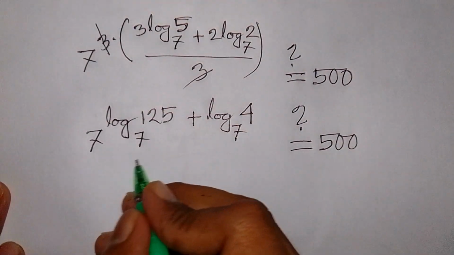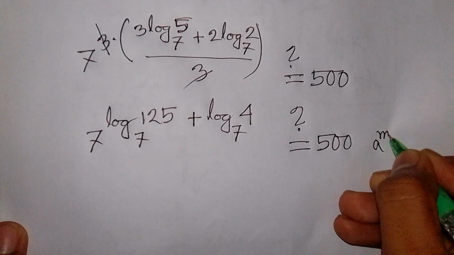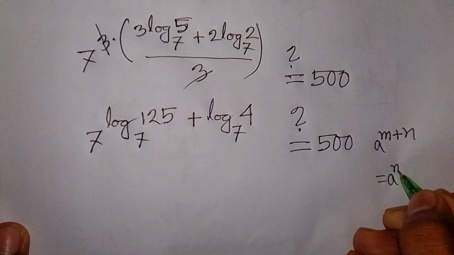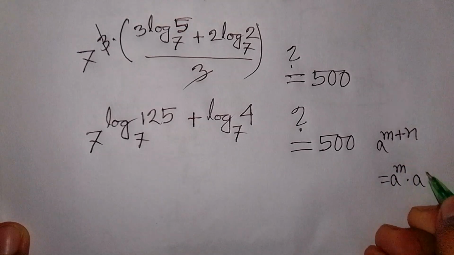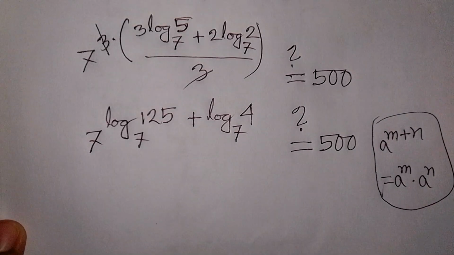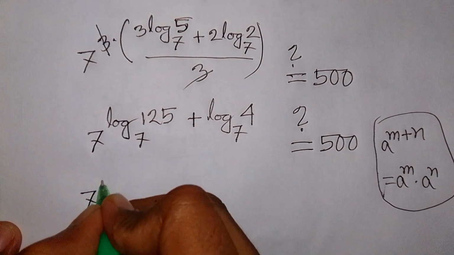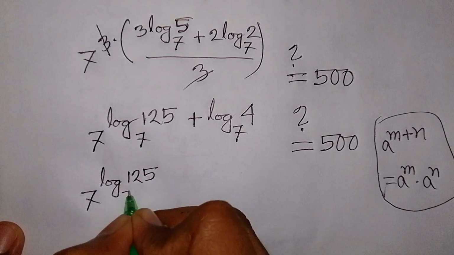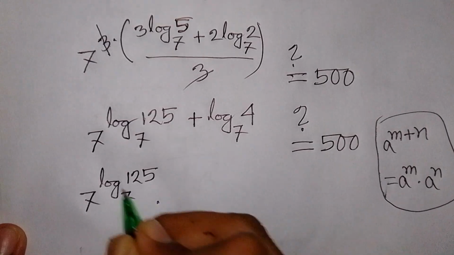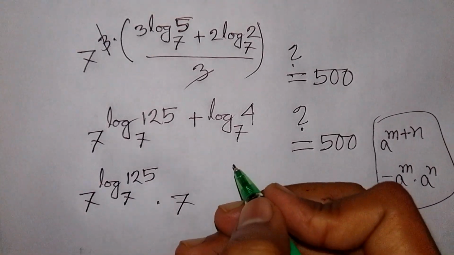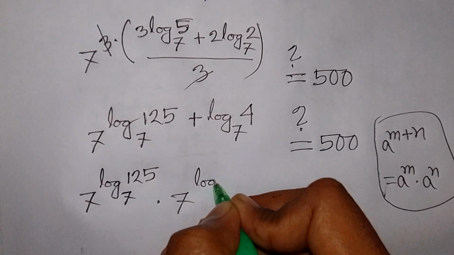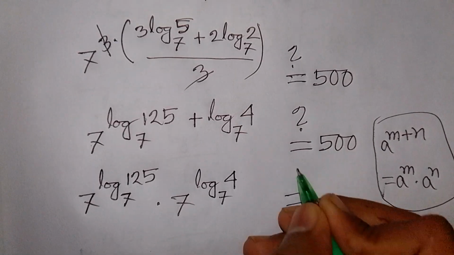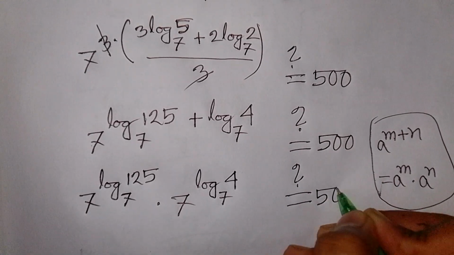Now here we apply the exponential rule that a^(m+n) is equal to a^m times a^n. So it will be 7^(log 125 base 7) times 7^(log 4 base 7). Is it equal to 500?